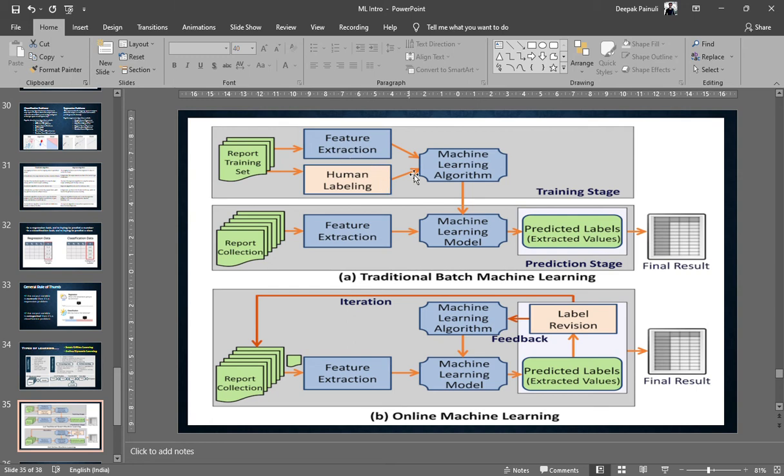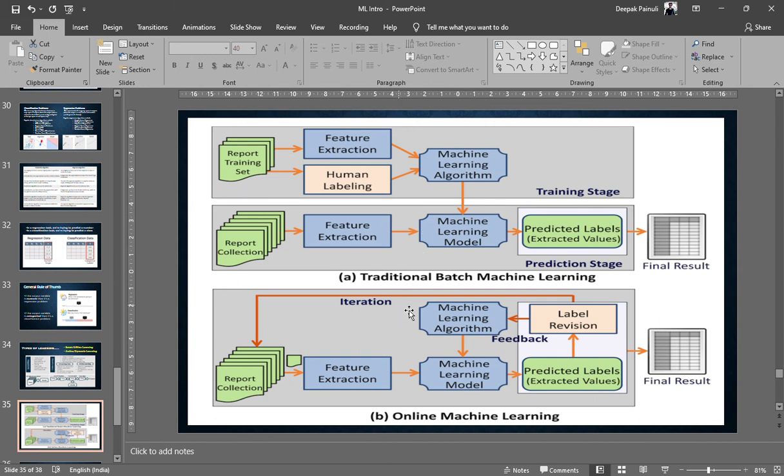And we will do some feature extraction on that. This comes under your machine learning process flow. After selecting the best machine learning algorithm, you will deploy it to your testing model. Now in the second part you are giving the reports to the machine learning model, and it is predicting different levels out of these new data, right?